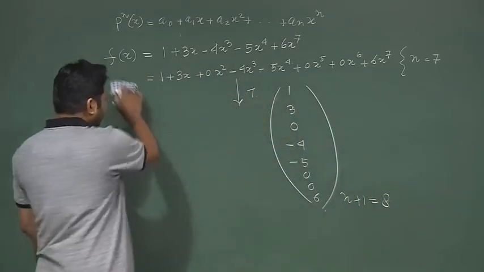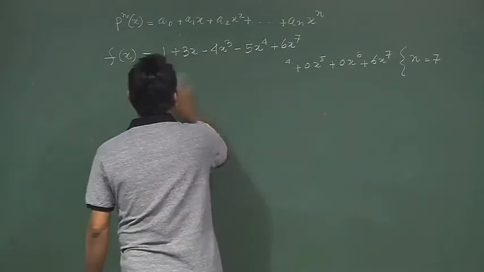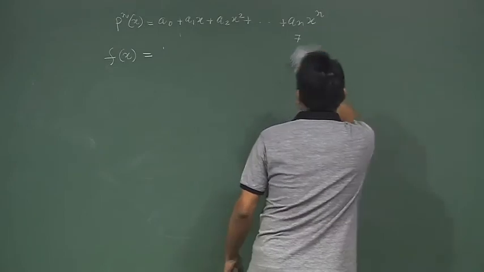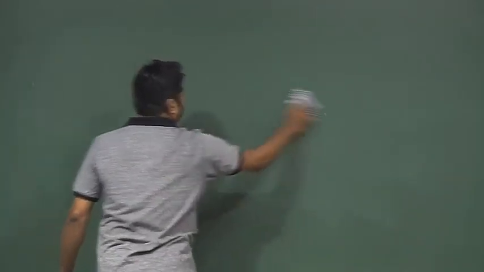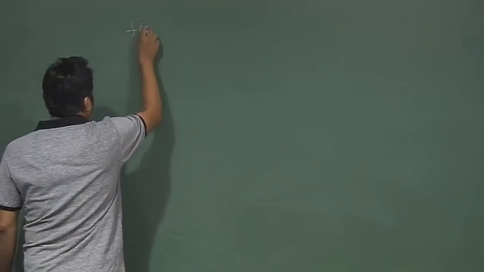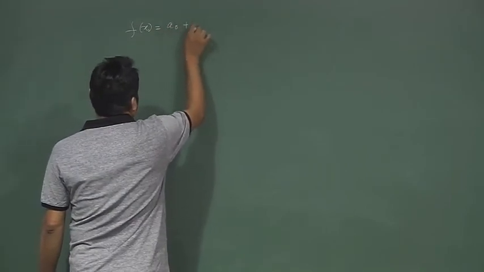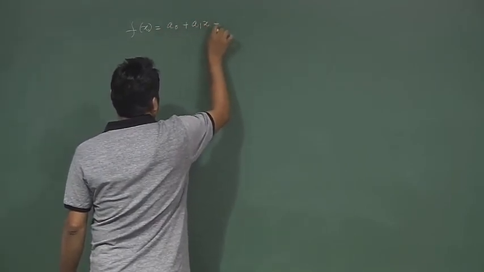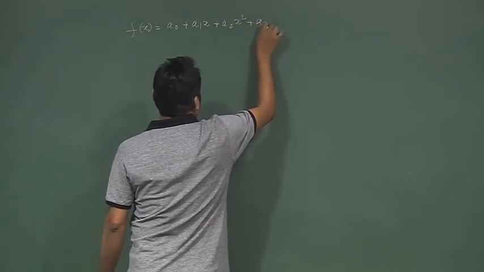Now, another important thing about polynomials. For example, I have a polynomial f(x) equal to a0 plus a1 x plus a2 x square plus a3 x cube.